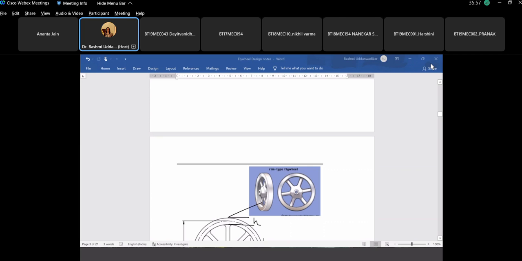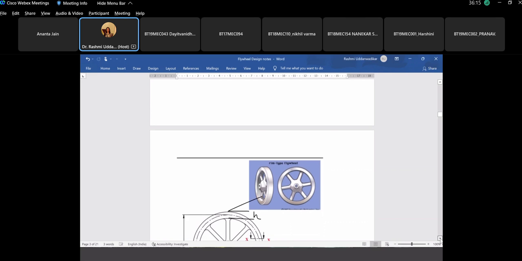So depending upon diameter, we decide whether we are going for a solid disc, web type, or rimmed or arm type. Similarly, the number of arms will also depend upon the diameter and the RPM. So a solid construction would be always easier.